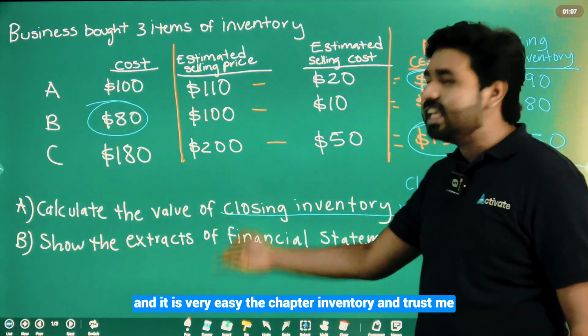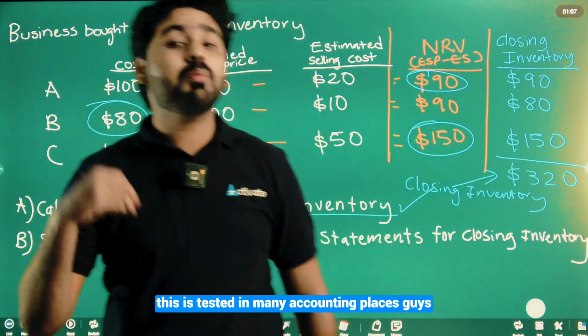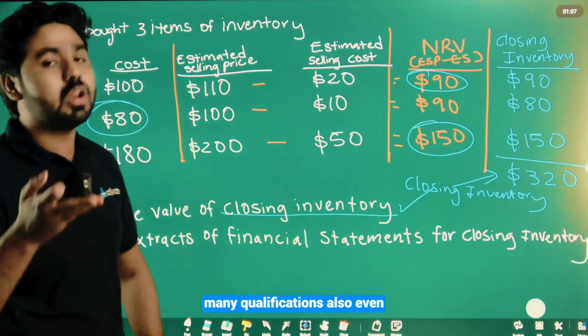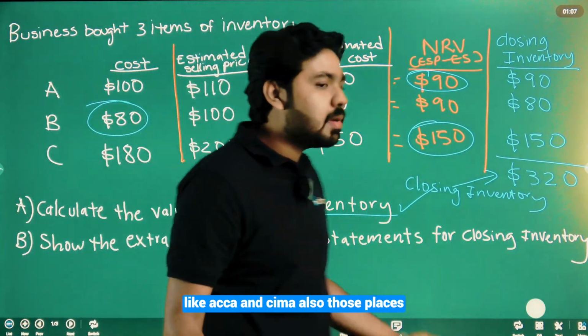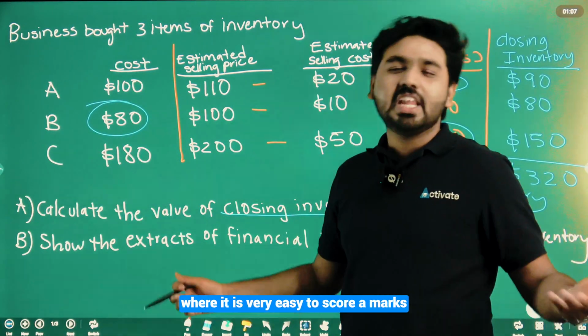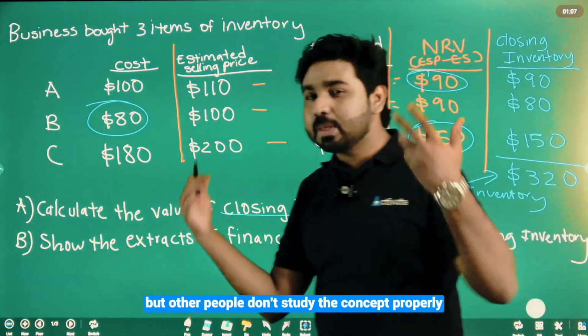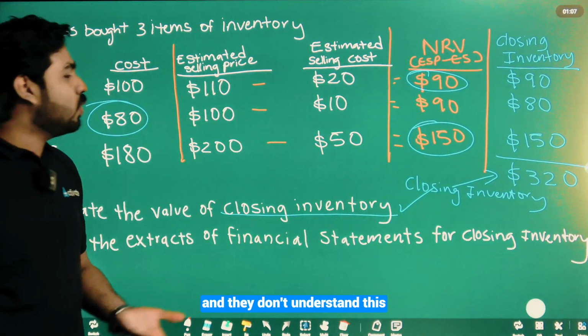And it is very easy, the chapter inventory. And trust me, this is tested in many accounting places guys. Many qualifications, even when you are going for qualifications like ACCA and CIMA, you have this question where it is very easy to score marks. But our people don't study the concept properly. They think that it's very hard and they don't understand this.